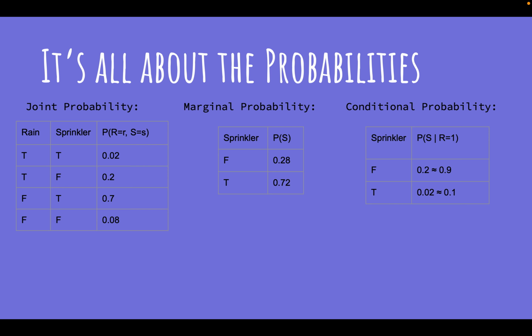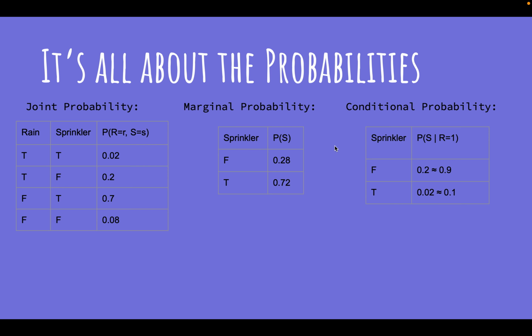So is the grass wet has a joint probability table. It's looking at the rain and the sprinkler. It has a probability of the rain being on or the sprinkler being on or off, respectively. And these joint probability tables have a combination of all these things together.